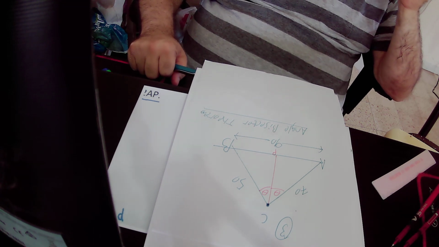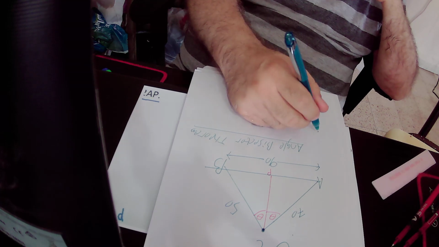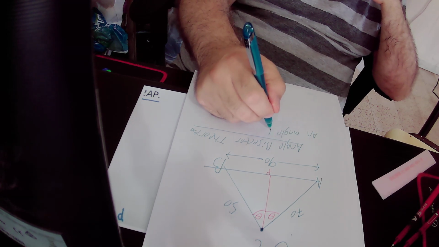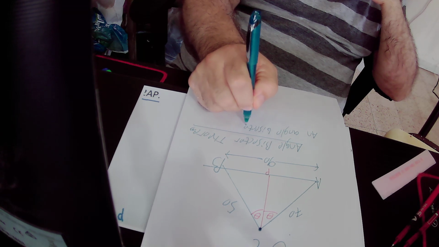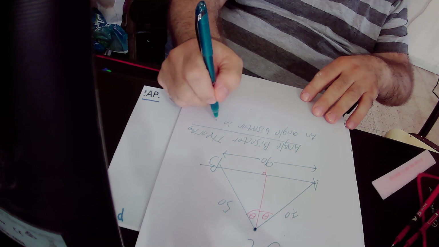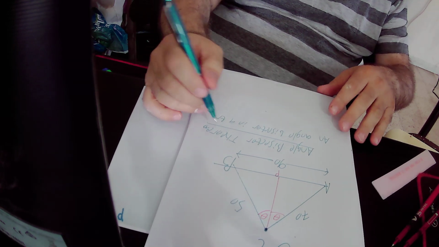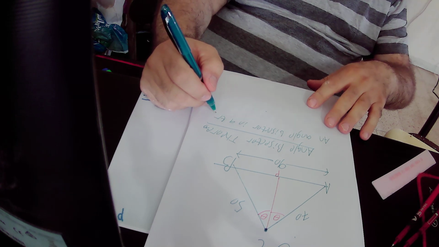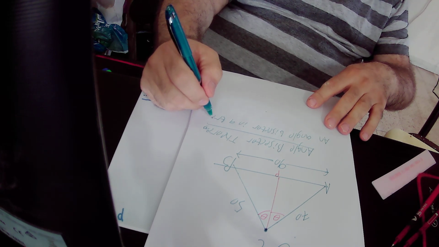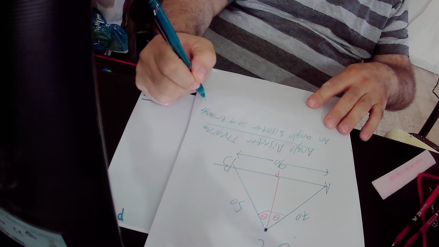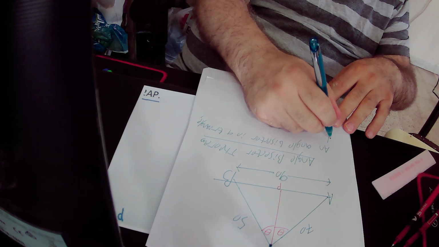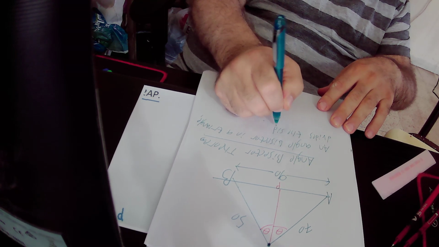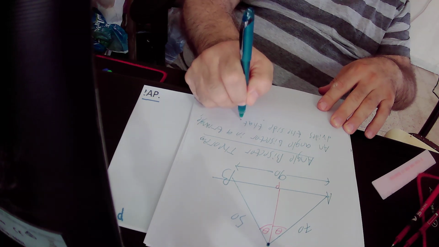So the angle bisector theorem states that an angle bisector, that is to say CP, in a triangle, that is to say triangle ABC in this particular case, but it is true for all triangles in the world, divides the side that it hits.